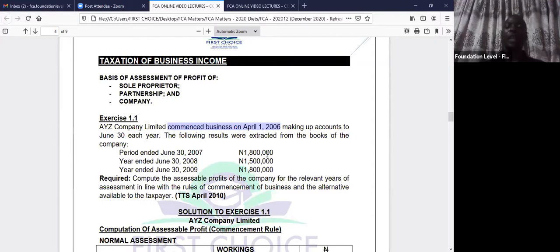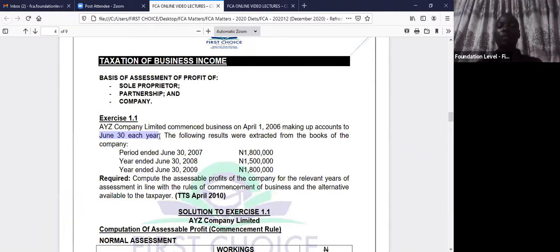Now you've identified the date the business commenced. The second thing to watch out for is the dates they make up the account. Here we are told June 30th each year. Sometimes the examiner might tell you it's made up to June 30th each year. Then that means it's very lenient.